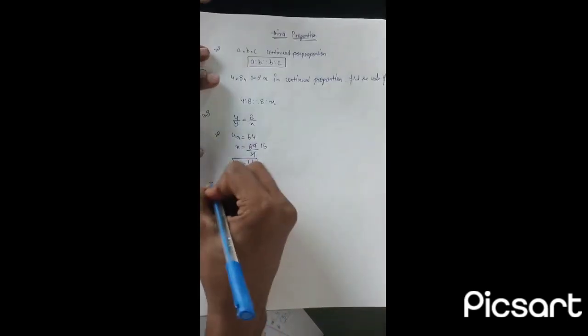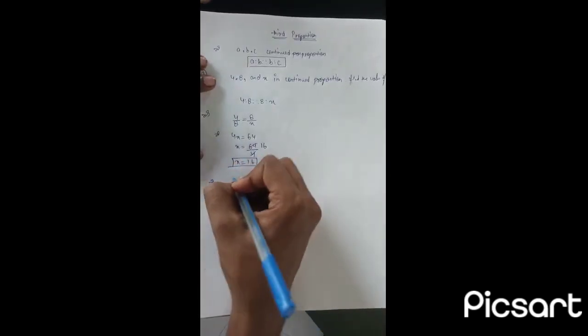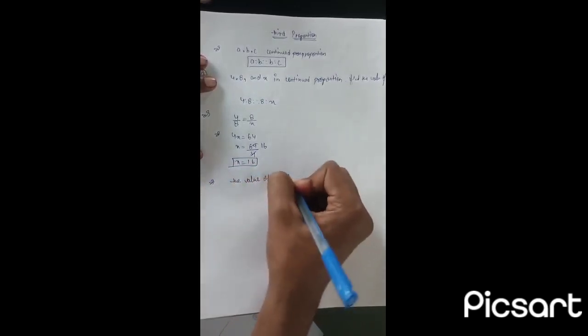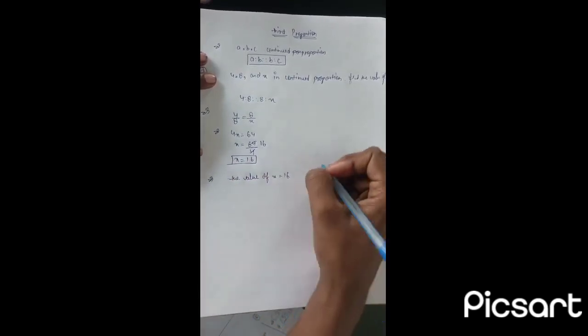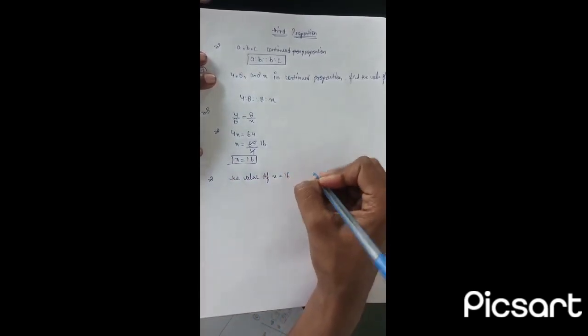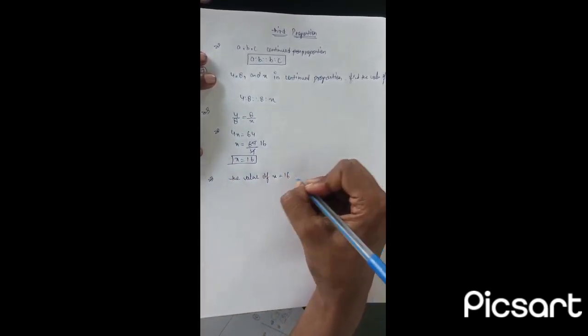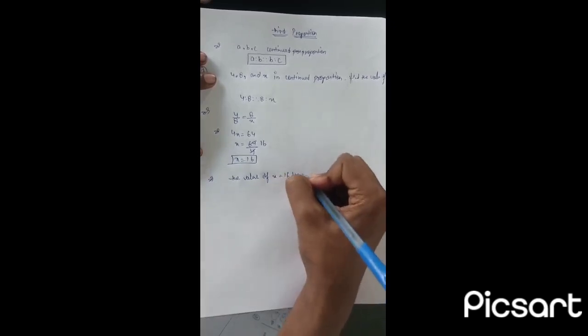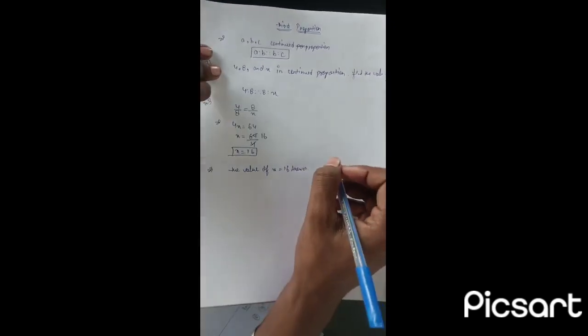Hence the value of x is 16. 16 will be your only answer. No need to find out the proportion as the question is not asking for this.